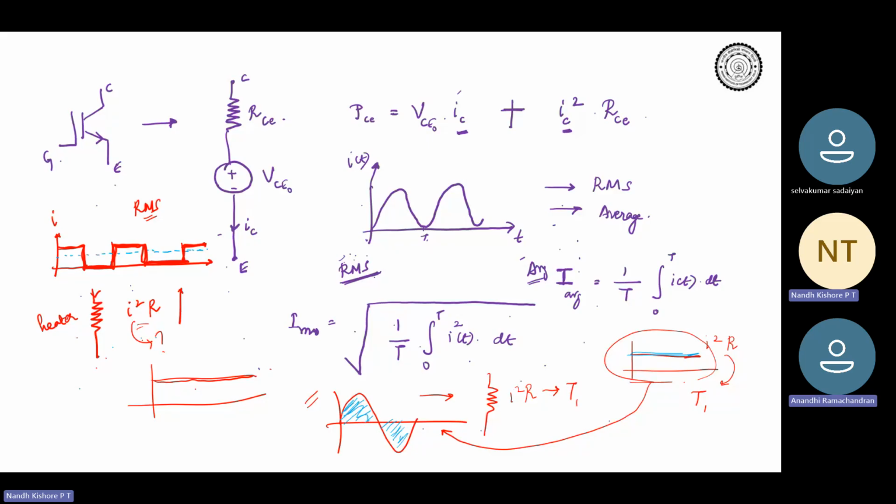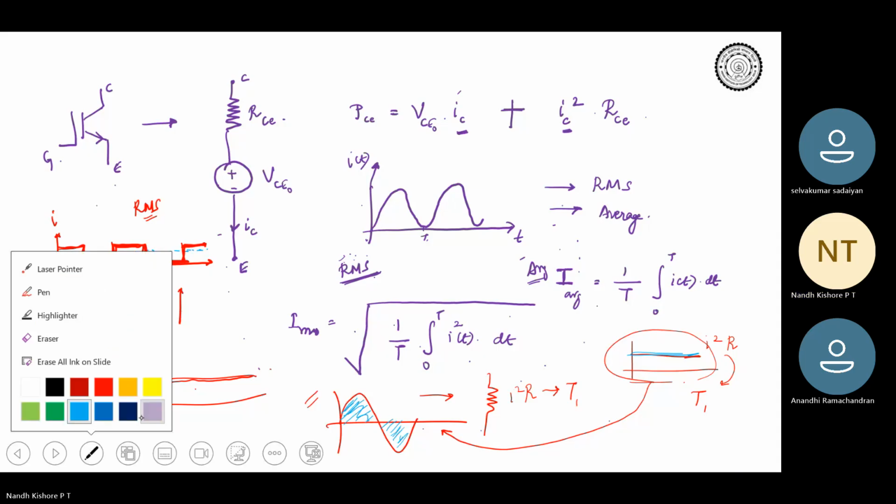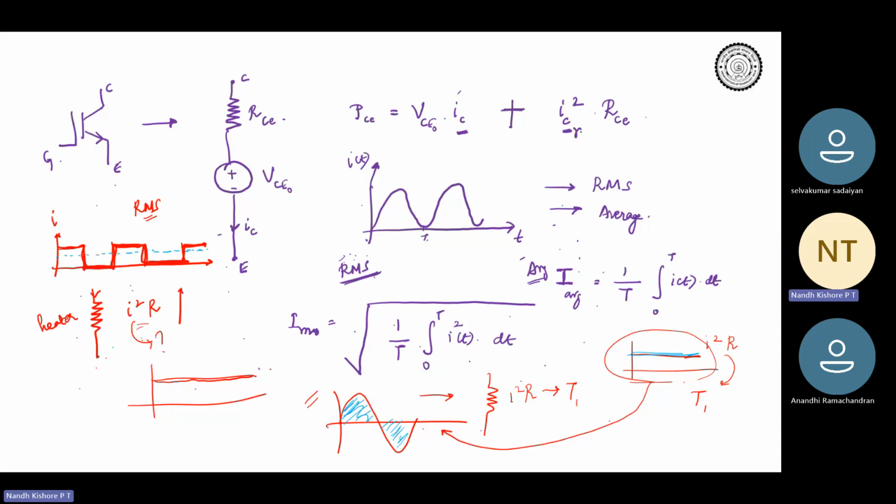So RMS gives you, in a coded form, the resistive effect or the heating effect in a resistor. That is why when you calculate, you always make sure that this particular quantity is RMS.